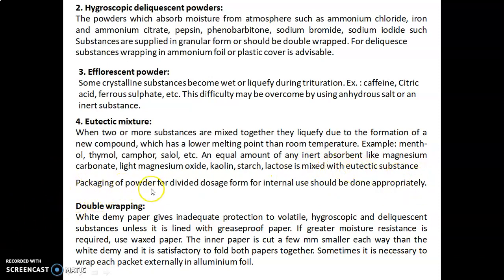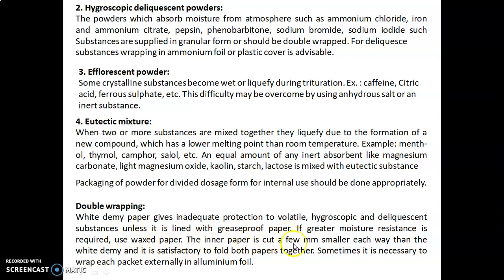Packaging of powder for divided dosage form for internal use should be done appropriately. Double wrapping: white demi paper gives inadequate protection to volatile, hygroscopic and deliquescent substances unless it is lined with grease-proof paper. If greater moisture resistance is required, use waxed paper.